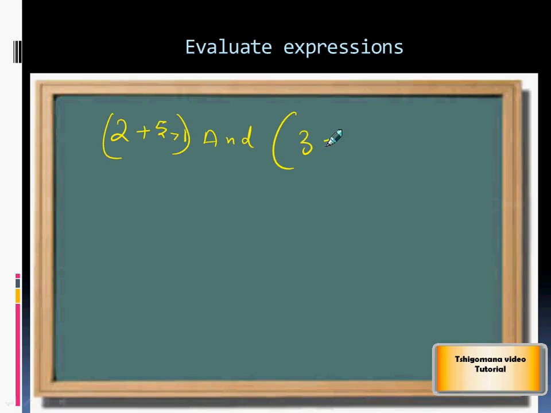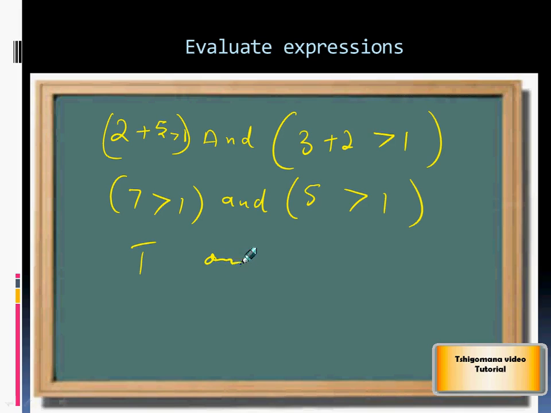Right, 2 plus 5 is 7, which is greater than 1, and then we have and, which is 5 greater than 1. This one is true, and this one is true. Which means after evaluating the expression we have true.